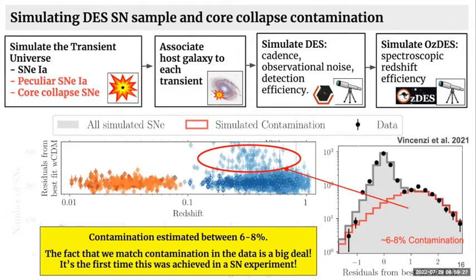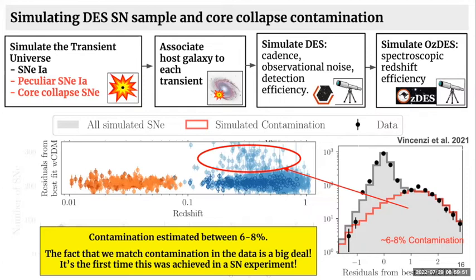And here I want to highlight that the fact that we can match these two bumps is a big deal, and it's also a very good sign that we understand the contamination in our sample.